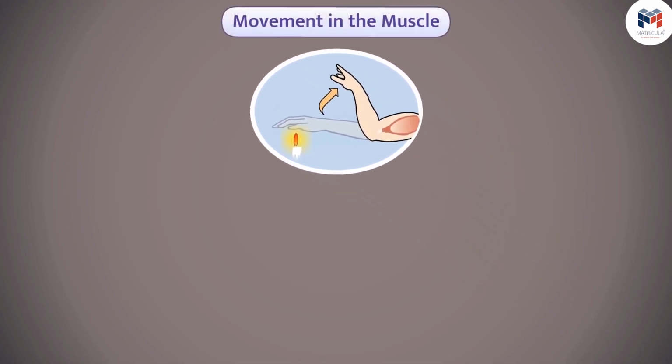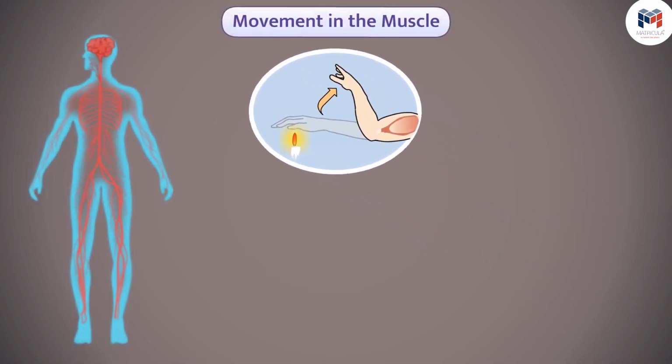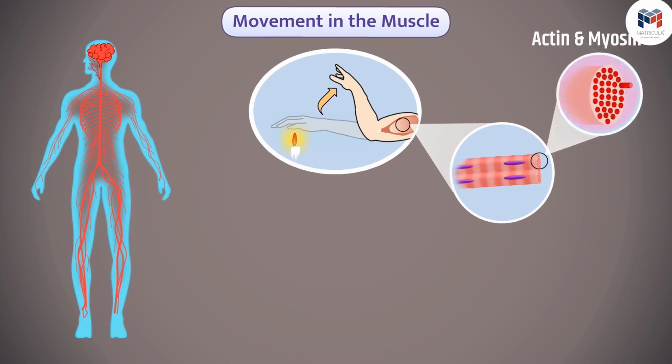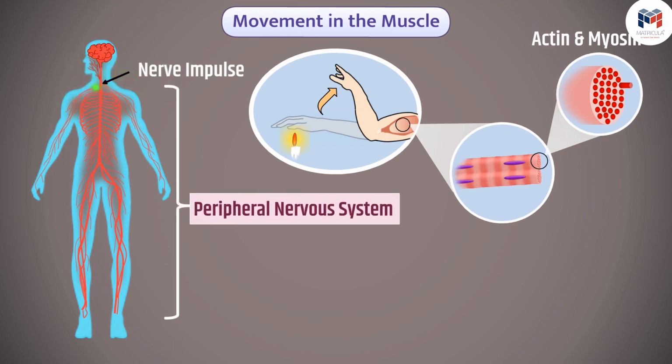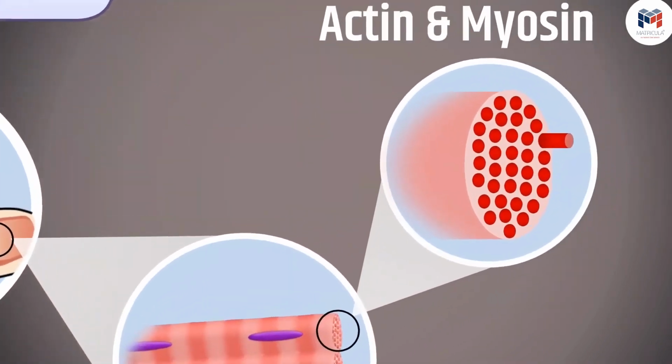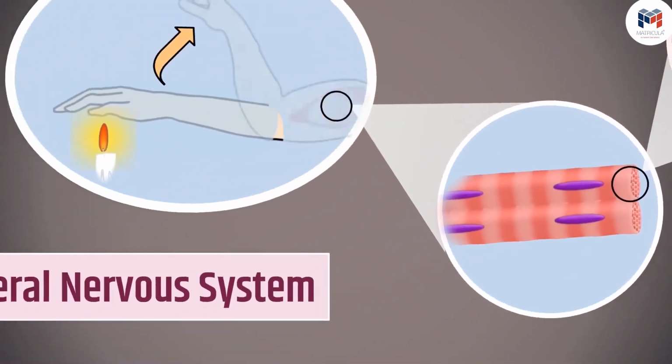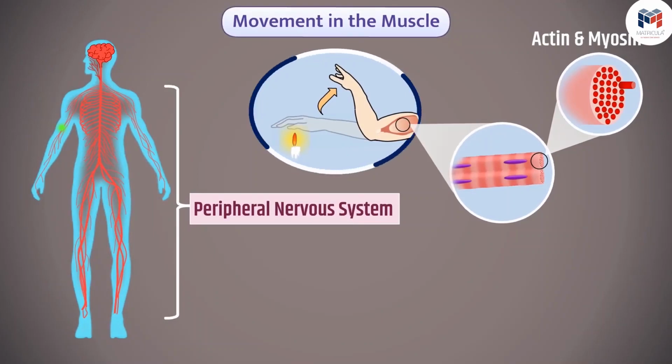Movement in the muscle. We know that muscle cells contain special types of proteins. When the nerve impulse reaches the muscle cell by the peripheral nervous system, the electrical impulse changes both the shape and arrangement of the protein, due to which the shape of the muscle changes, which causes muscular movement.